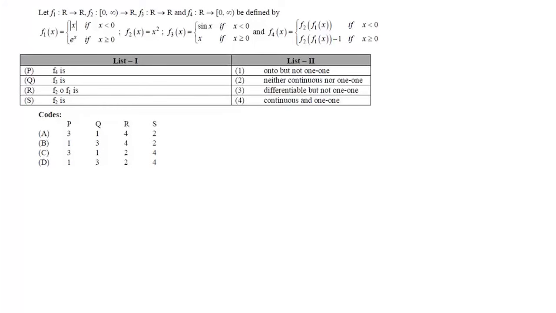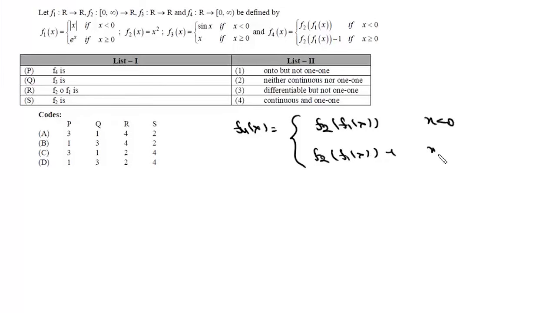Now here we are given 4 functions f1, f2, f3 and f4, and we have to find this matching. Now first one is f4(x). Now we are given that f4(x) is f2 of f1(x) if x is less than 0, and it is f2 of f1(x) minus 1 if x is greater than or equal to 0.